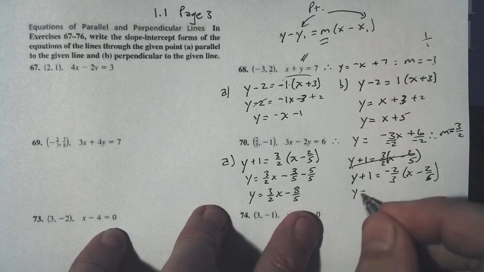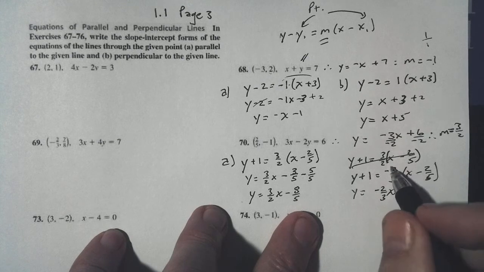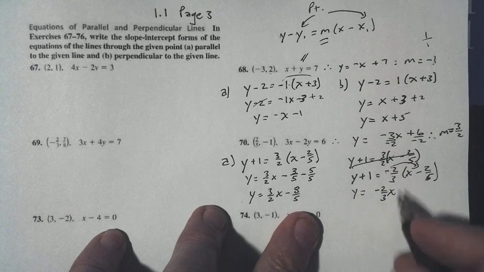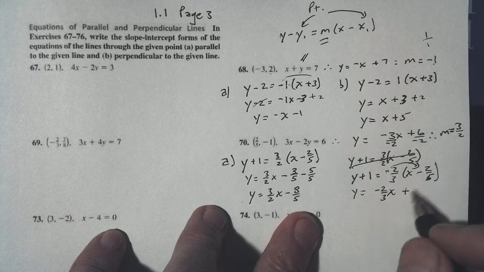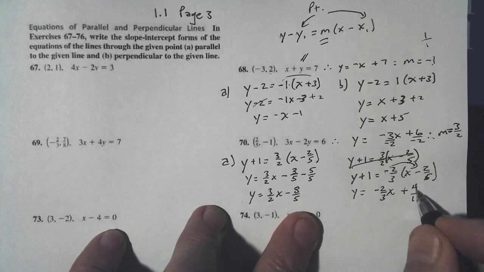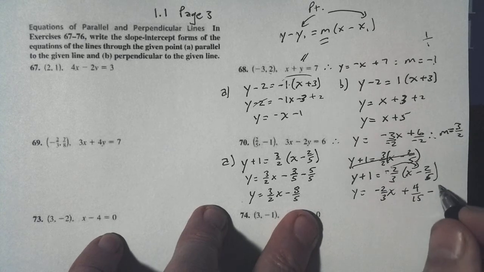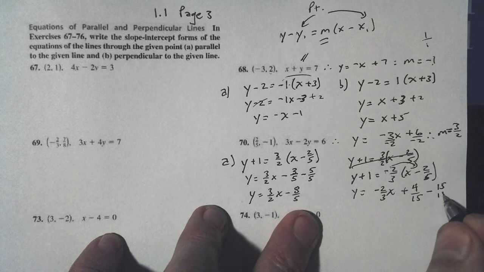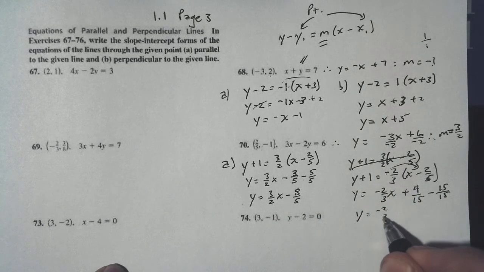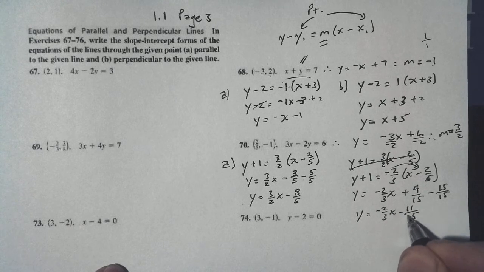And y equals, let's see, distribute -2/3 x. The most common algebra mistake is failing to distribute the negative. That becomes plus 4/15. And now I need to subtract the 1, so that could be minus 15/15. And I get y equals -2/3 x minus 11/15.